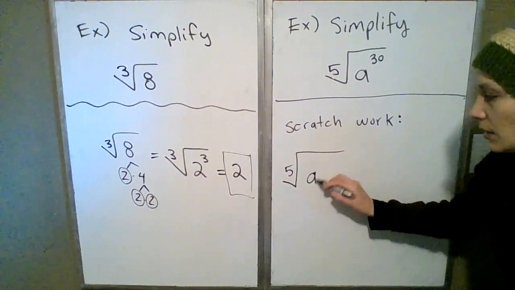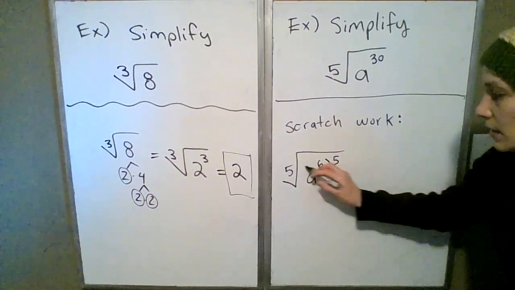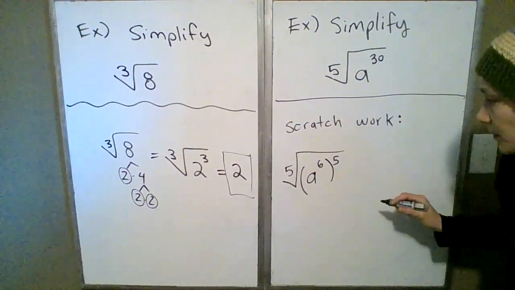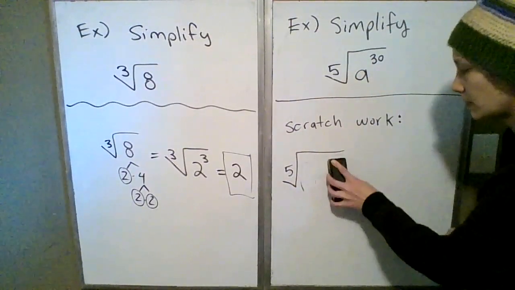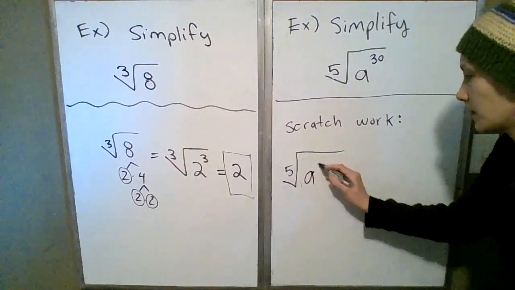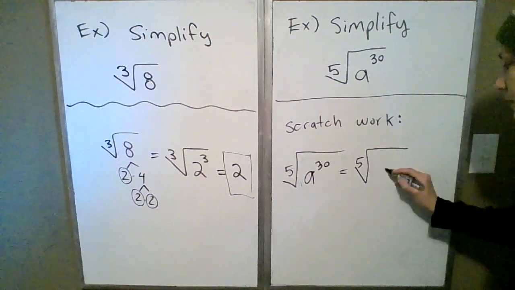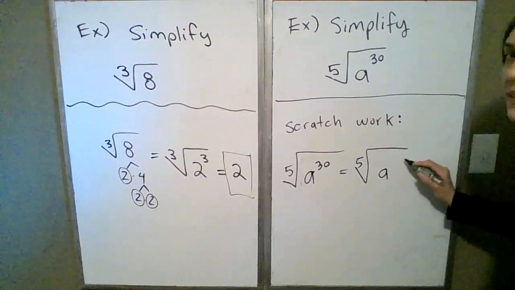a to the 30 can be divided into a to the 6th and then to the 5th. Let me do that first. A to the 6th, then to the 5th.